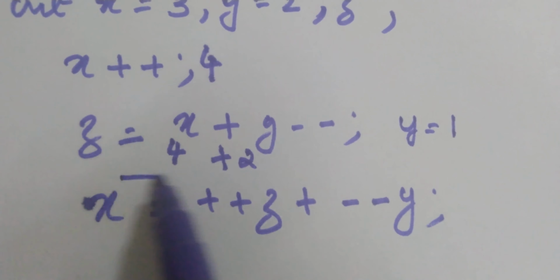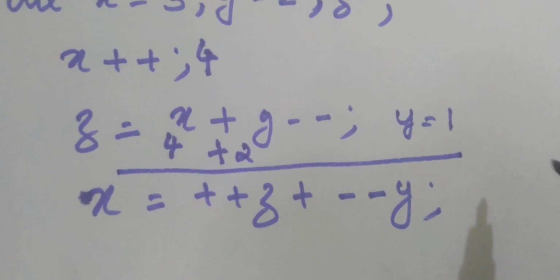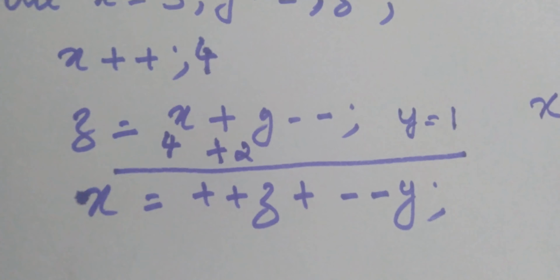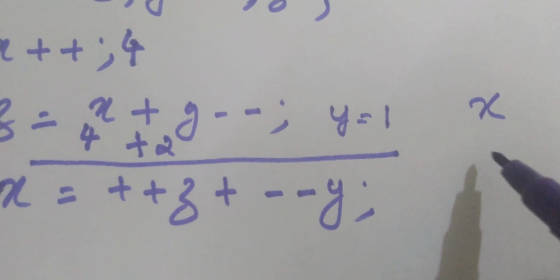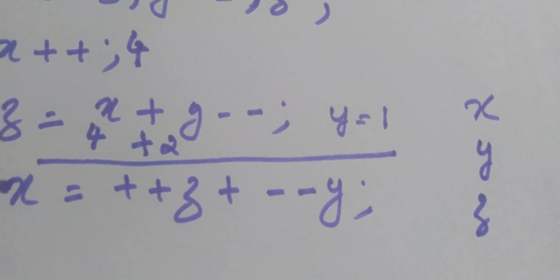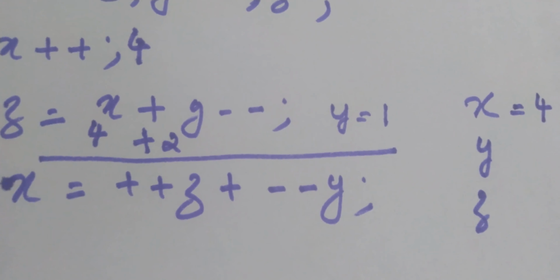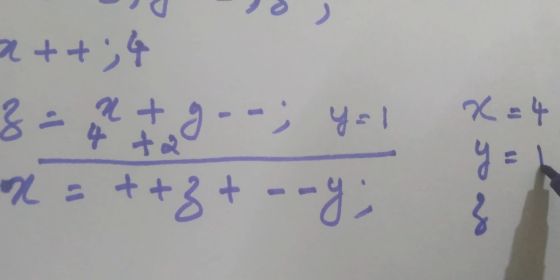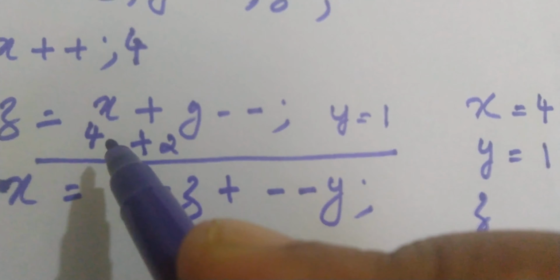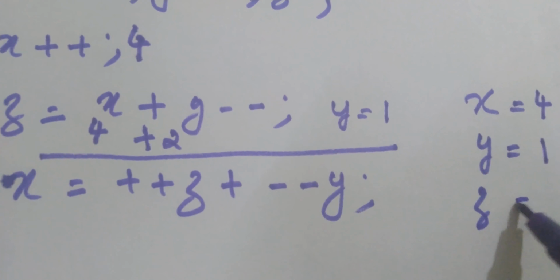So when the values of x, y and z are printed after this expression, the value of x will be 4 and the value of y will be 1. And what will be the value of the expression 4 plus 2? 6.